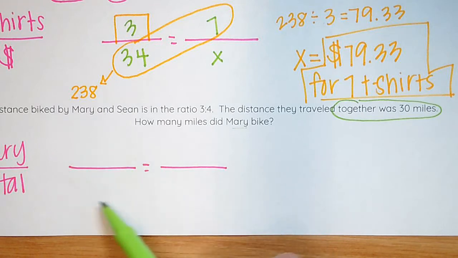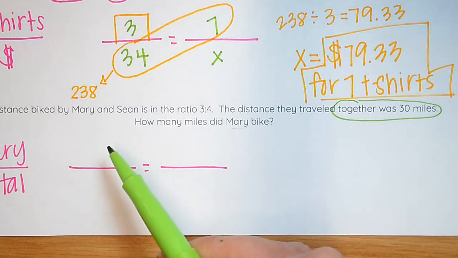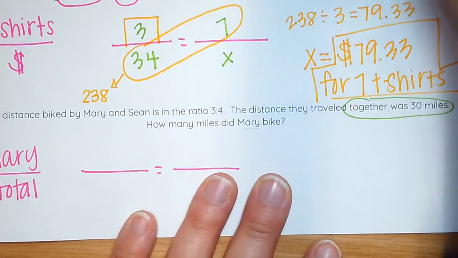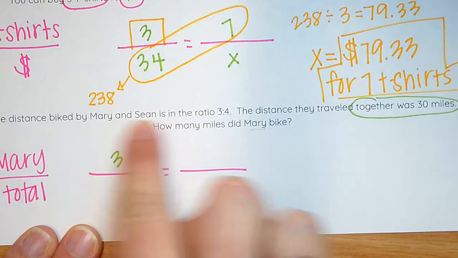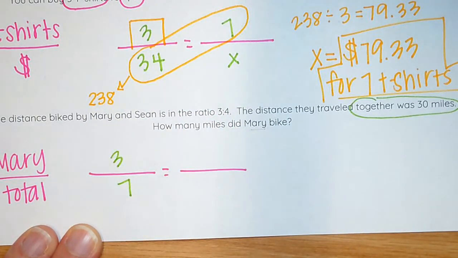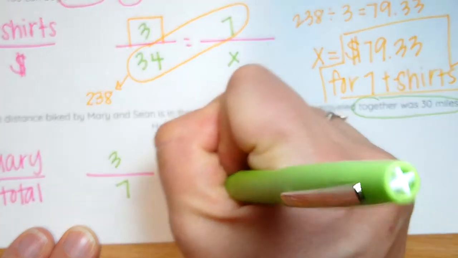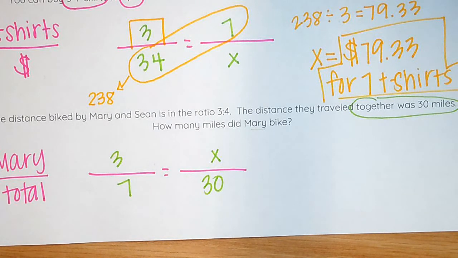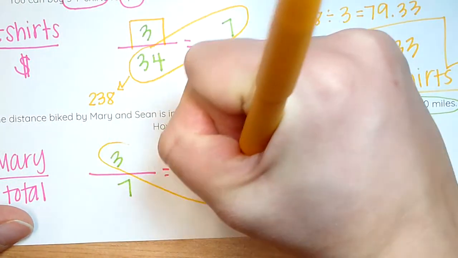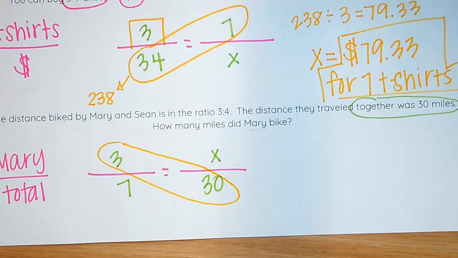What will my first ratio be? I take Mary, which is 3, and then their combined total, which is 7. Where will my variable go in my second proportion? We are missing Mary, but we know our total, so Mary gets the variable. All right, what will I circle to multiply here? I circle diagonally my cross products, so I multiply 3 times 30.